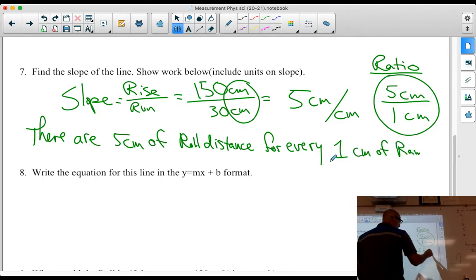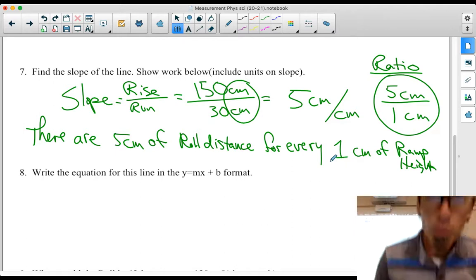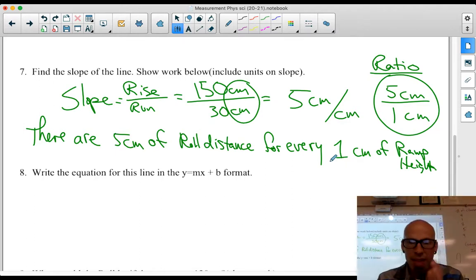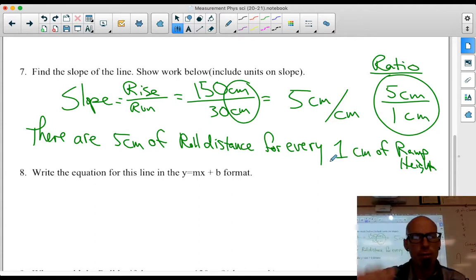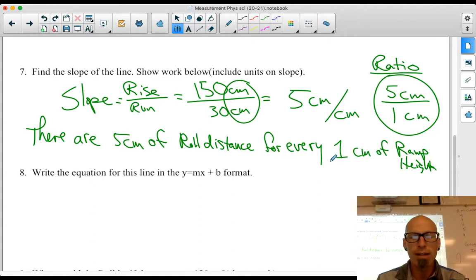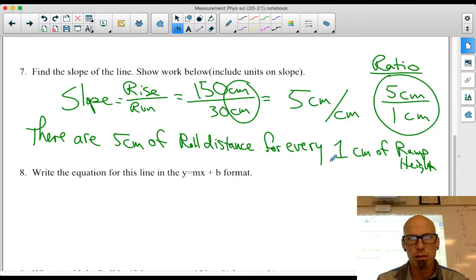Ramp height. I hope that makes sense. That slope is telling us how much more roll distance we get for every centimeter we add of additional ramp height. So there's a 5-to-1 ratio of roll distance to ramp height.